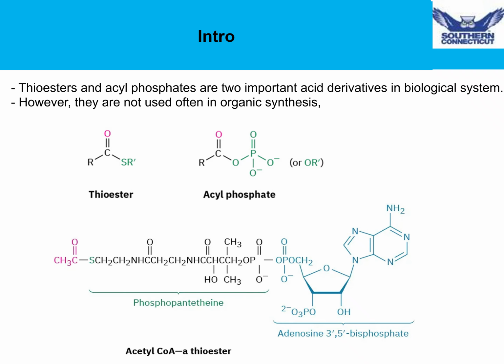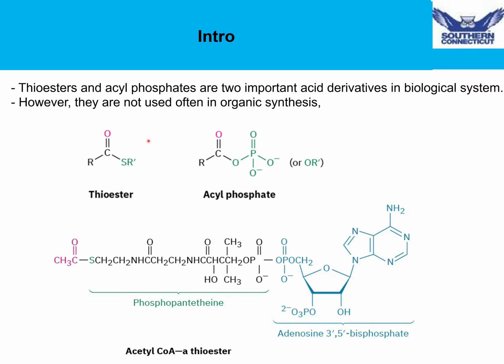Those two acid derivative functional groups are thioesters, which contain a sulfur attached to a carbonyl, and acylphosphates, which contain a phosphate group attached to a carbonyl. We're going to see a few examples of these as we go through this chapter, but in general, they're not really used in organic synthesis.